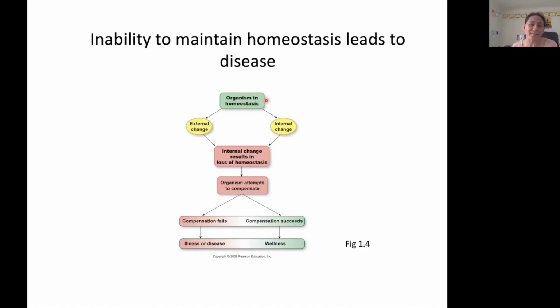And our bodies have built-in mechanisms to bring our variables back to the range that we want them to be in. If we have a loss of homeostasis that occurs when there's some sort of challenge to our systems, we're going to try to compensate for that. We're going to react to that. We're going to try to bring it back.